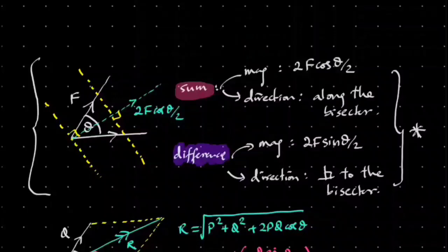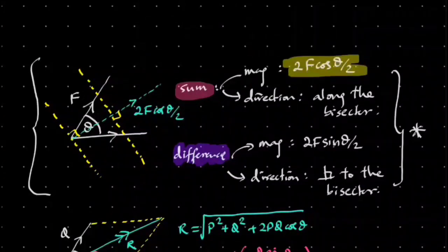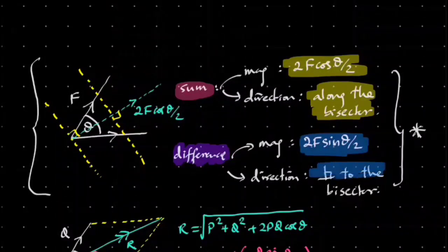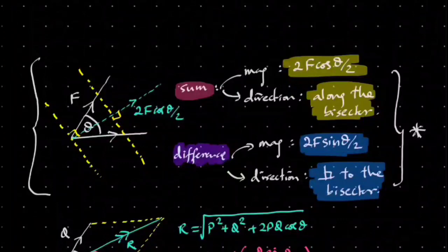For a situation where I have two identical vectors with the same magnitude, their sum is equal to 2f cos theta over 2, and it's along the bisector. Then its difference is equal to 2f sin theta over 2, and it's perpendicular to the bisector. That knowledge, take it as the first layer.